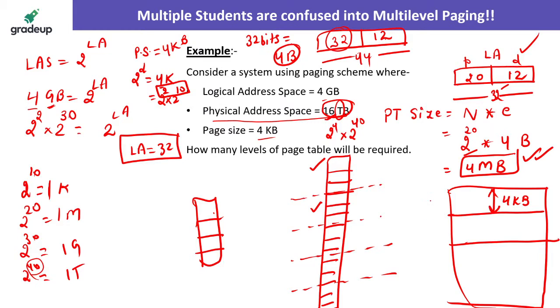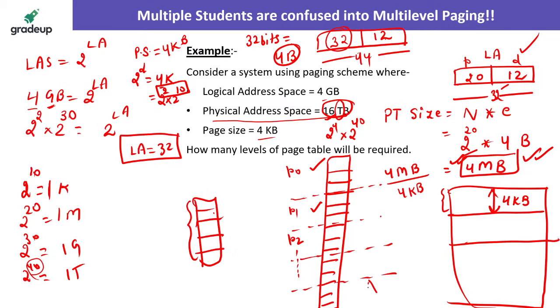Okay. So now because this page table size is so huge, 4 MB, you cannot keep it in one frame. So what you will do, you will divide. So basically 4 MB will be divided by 4 KB. So now how many pages, like page number 0, page number 1, page number 2, page number 3, and so on, how many page numbers will be there, so that we can have an entry in this.